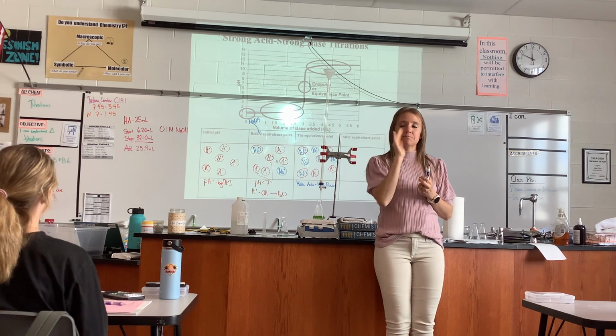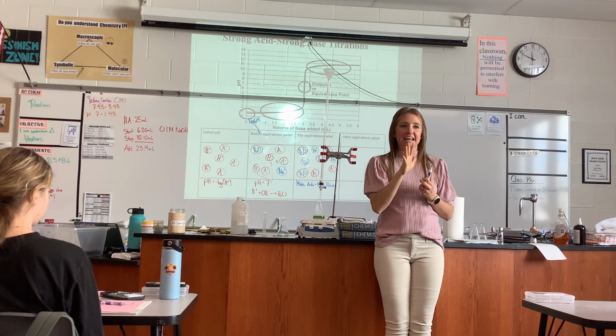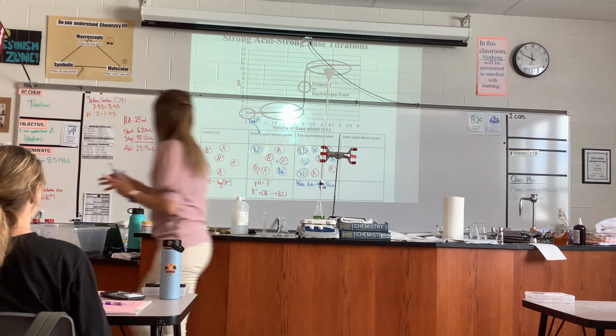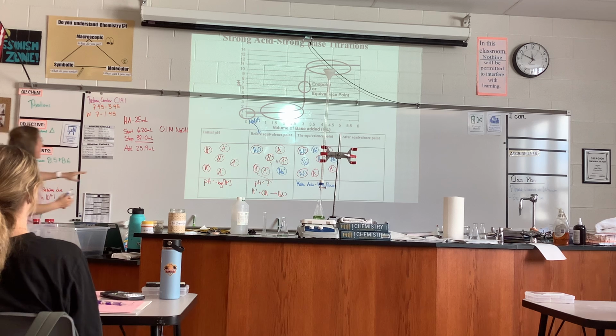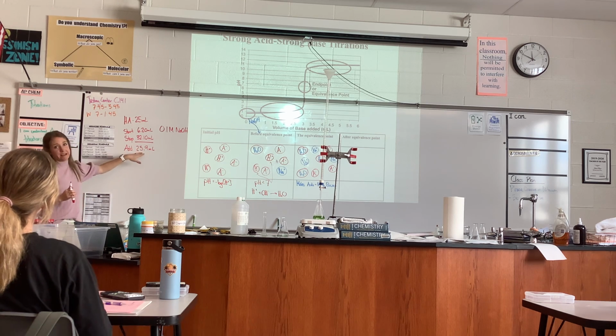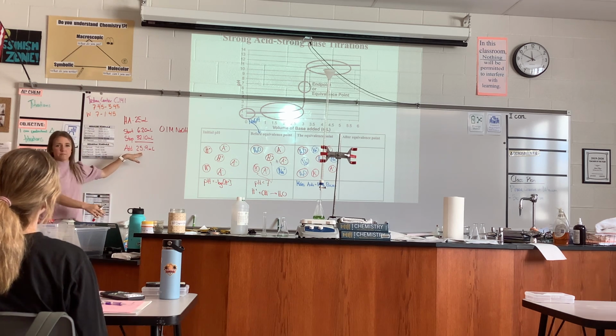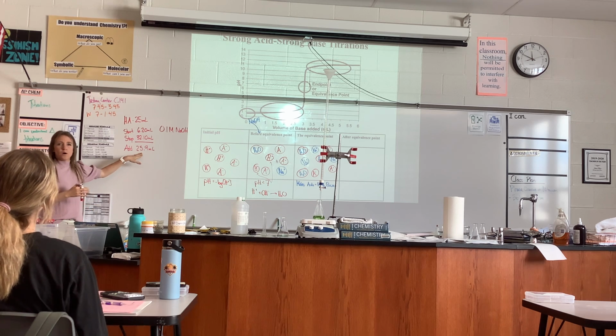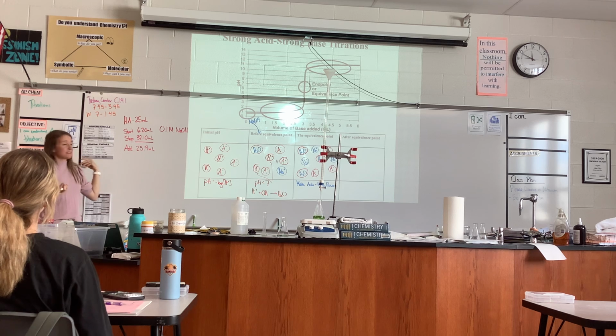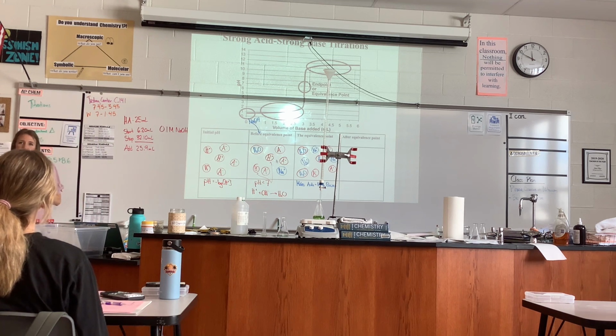So hypothetically speaking, let's say I had to add 50 milliliters of base instead. Let's say that we had to go all the way to the bottom. Does that mean the concentration of the acid is greater than or less than 0.1?